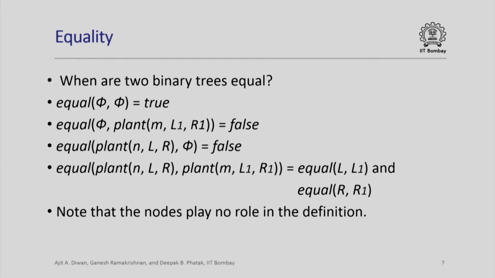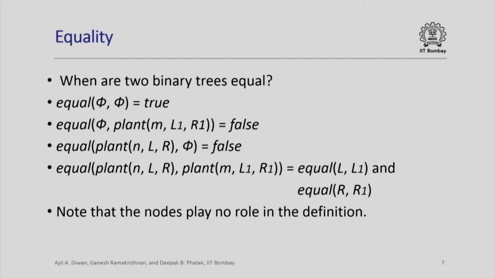And if I have two trees planted, one planted at node n with left subtree L and right subtree R, another planted at node m with left subtree L1 and right subtree R1, then we say the two trees are equal if L is equal to L1 and R is equal to R1. So, the node itself plays no role in the definition of the equality.